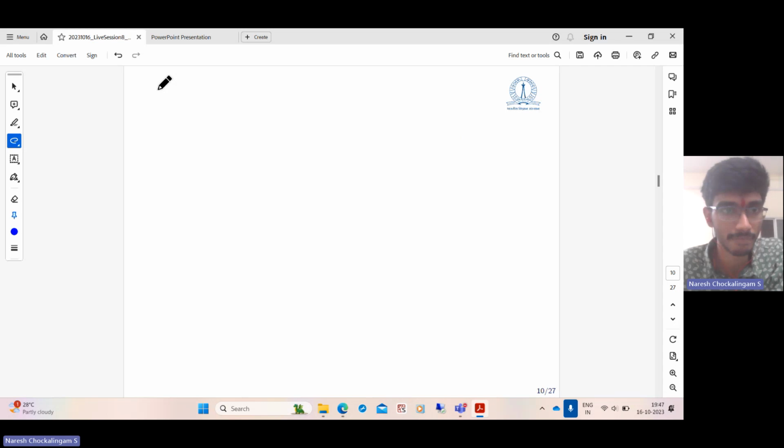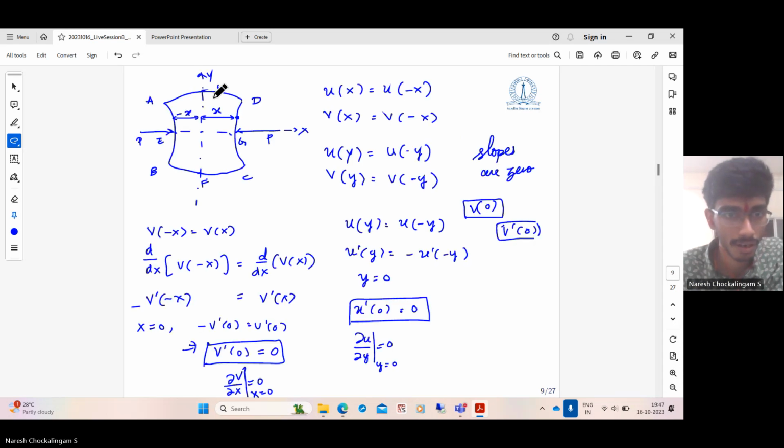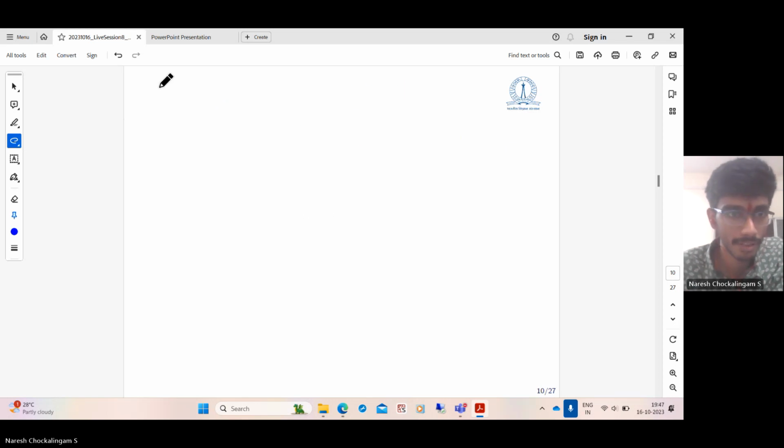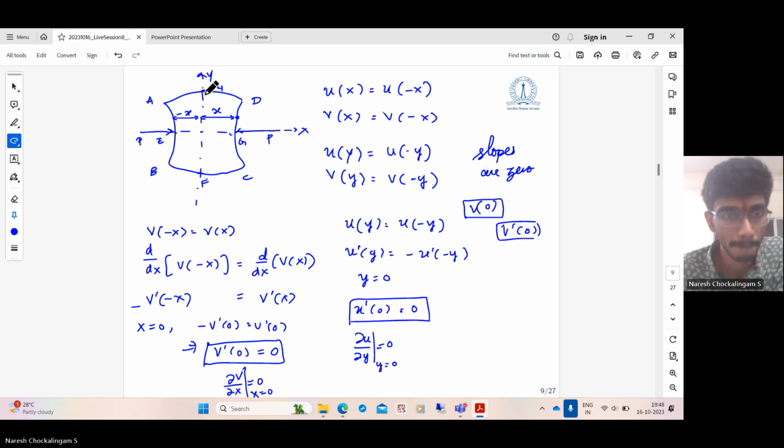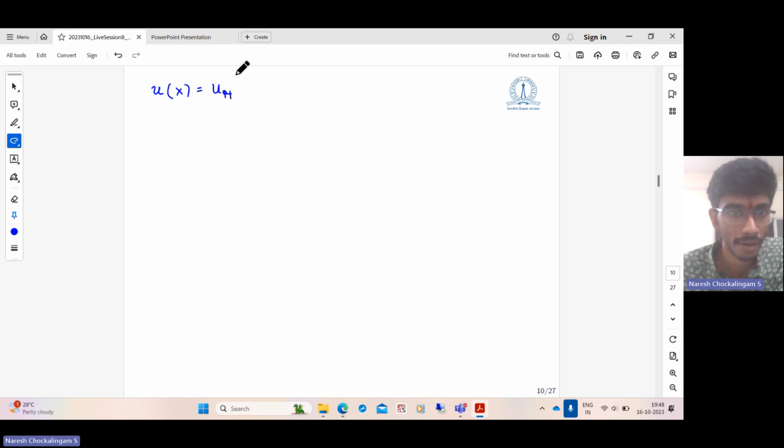So the horizontal displacements, suppose U of X is equal to some value U naught, UH at the point H. Let us say the horizontal displacement of the structure at the point H is given as UH, which is not equal to 0.